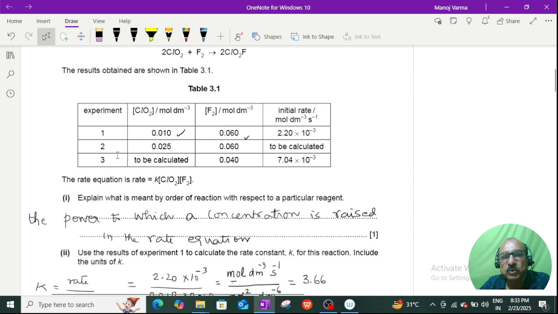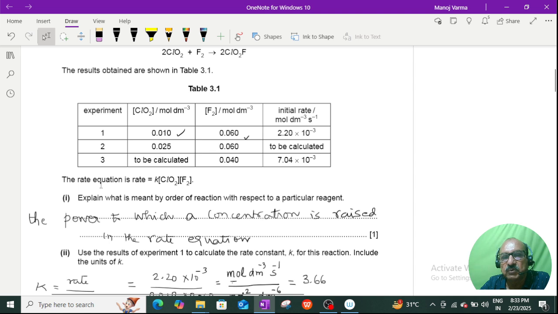So you have 3 experiments which have different molar concentrations of ClO2, fluorine, and for each experiment the initial rate of the reaction has been given. For row number 2 it has not been given, and for row number 3 the concentration of ClO2 has not been given.